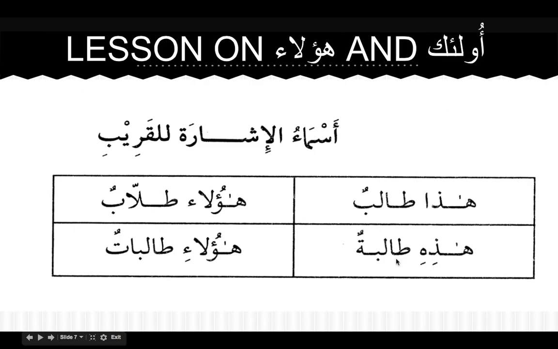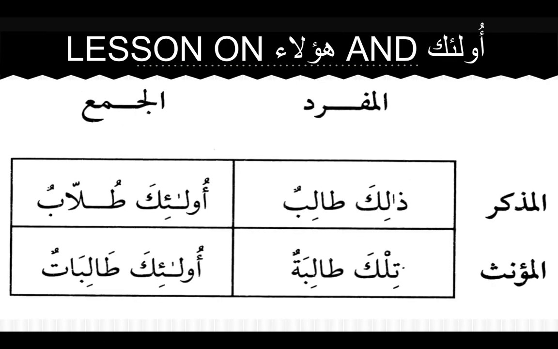So if we say hadihi talibatun, this is a female student. Ha'ula'i talibatun, feminine. These are female students. So for dhalika talibun, ulaika tullabun, tilka talibatun, and ulaika talibatun. So for both mudhakkar and mu'annath, the same in plural forms.